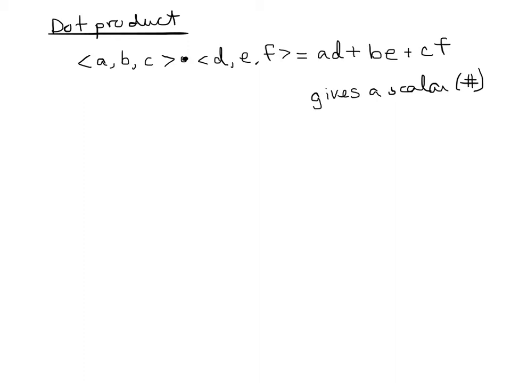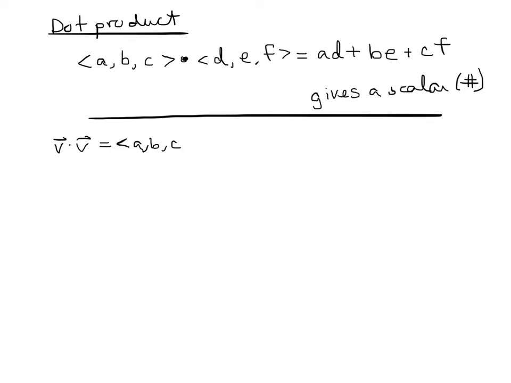There's a relationship with length. So if we take a vector times itself, so let's say we take A, B, C and dot it with A, B, C, then that would be equal to, not a vector, it's equal to A squared plus B squared plus C squared.